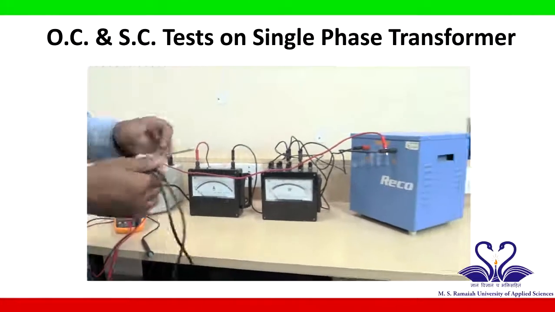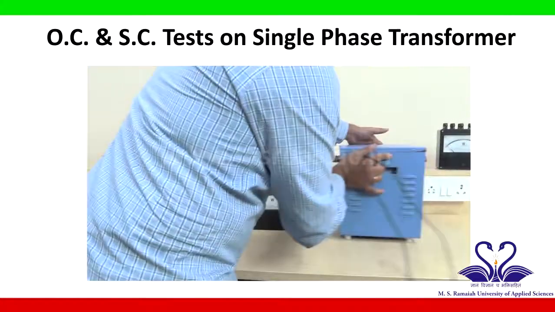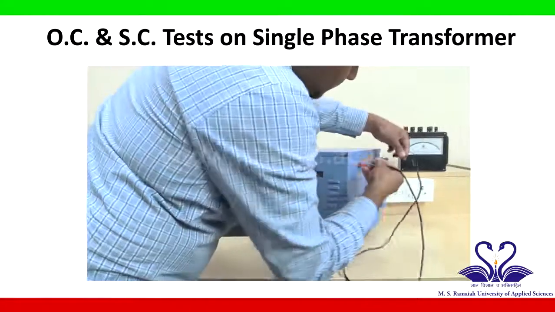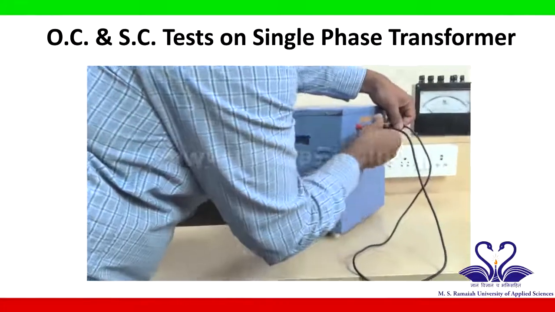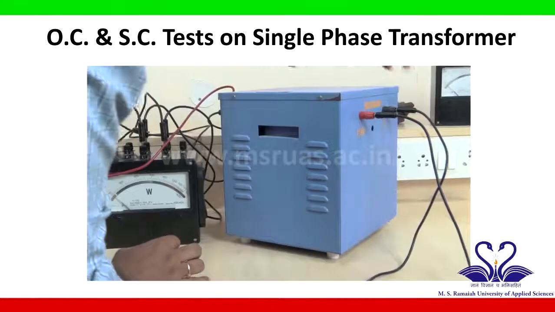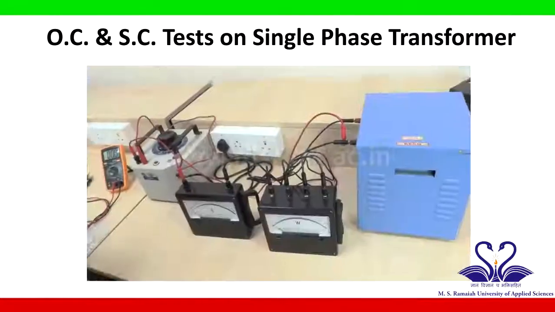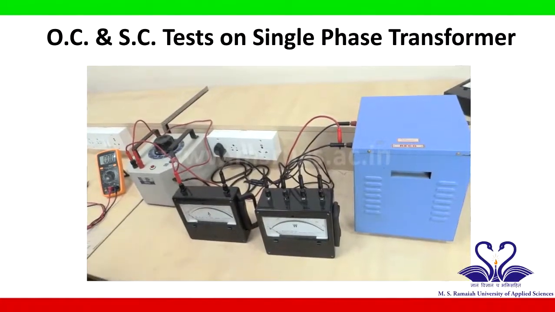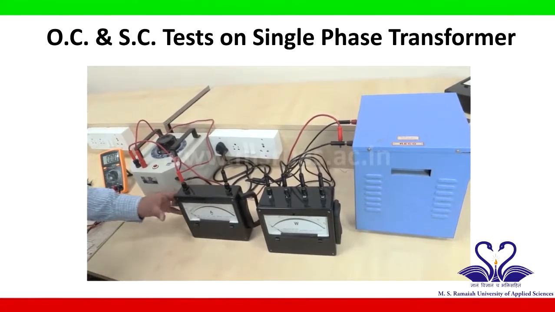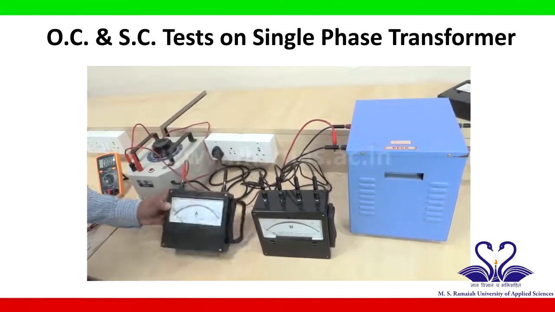To conduct the short circuit test, we need to short the secondary terminal of the transformer. Now let us start conducting the short circuit test. Before conducting, we will place all the meters horizontally.